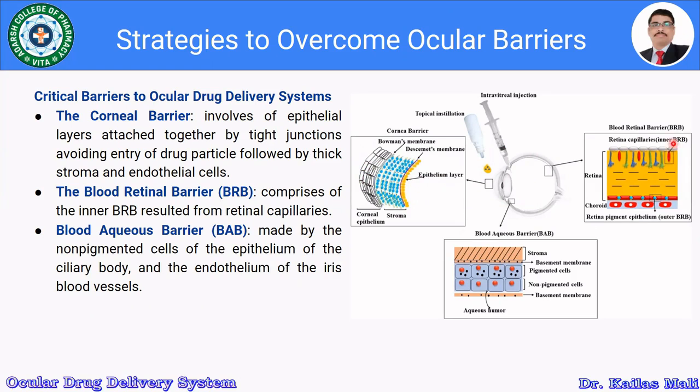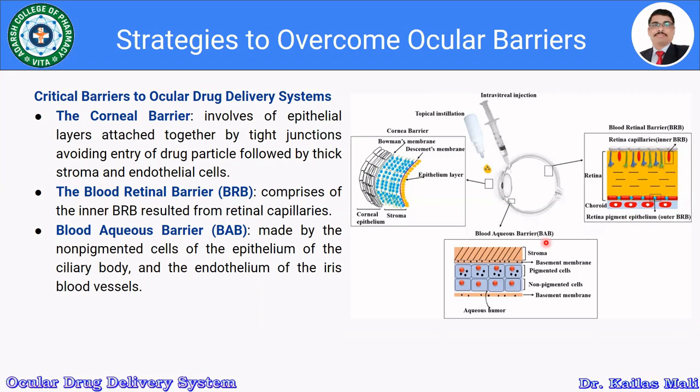Then the blood-retinal barrier is due to the choroid retina. The retinal pigment epithelial layer makes the outer blood-retinal barrier, whereas the inner retinal capillaries make the inner blood-retinal barrier.